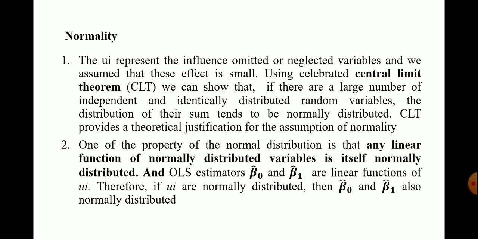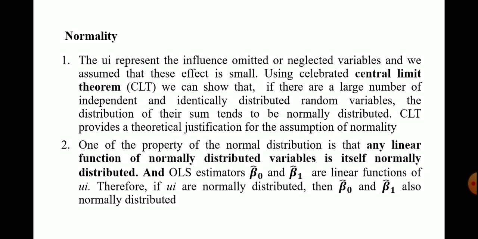UI means all the variables that we have neglected or removed from the model, and we assume that their impact on the dependent variable is very small, because we assume that sigma u cap square is minimum.